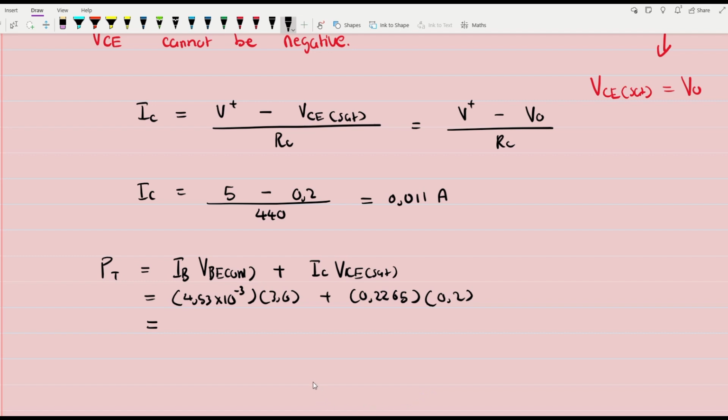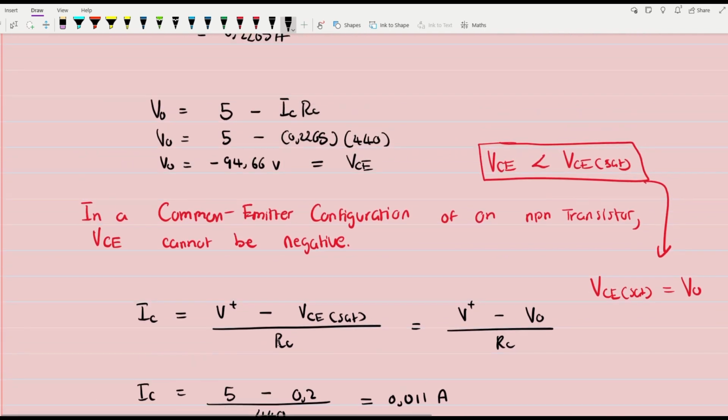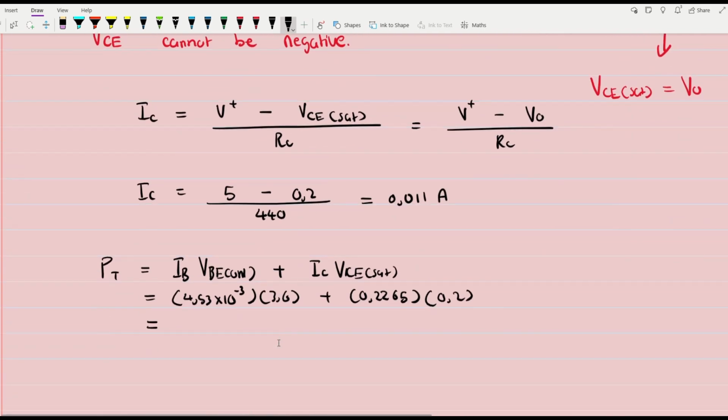Okay, looks like I'm getting a weird answer, so let's look into that. Oh, I used the wrong IC, so I have to use this IC right here, not the one we just neglected, and that is 0.011.